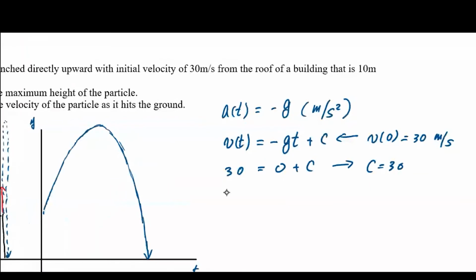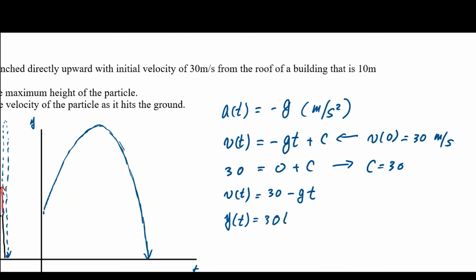Now we plug it back in, so our V as a function of time, and in physics they usually write this first. And g is 9.8, by the way. You with me?